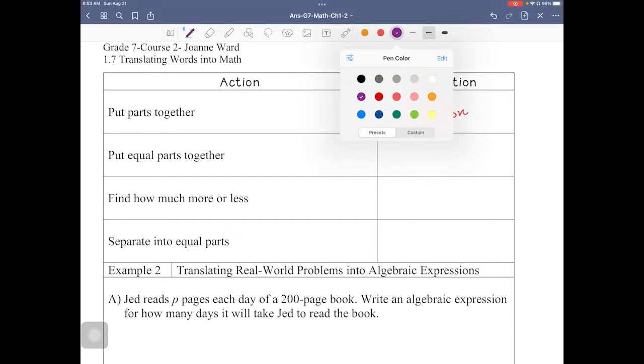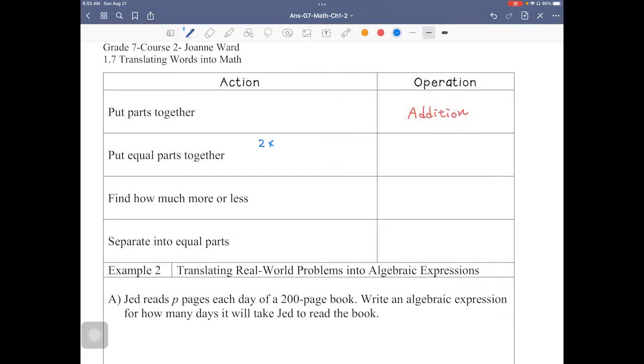Put equal parts together is like 2 times 3. 2 times 3 means I have 2 in a group, 2 in another group, and 2 in another group. So put equal parts together is actually multiplication. Because I use noun for addition, I thought I should use noun for multiplication.